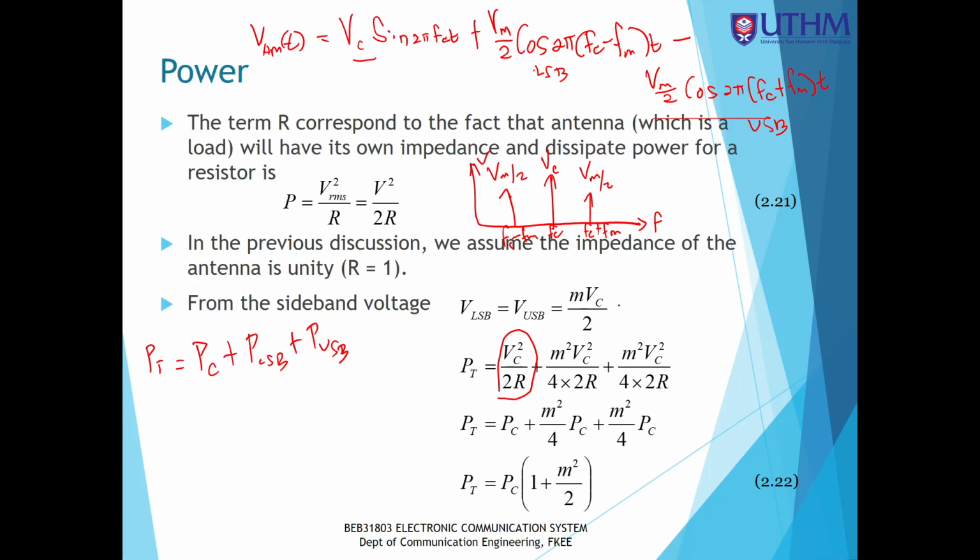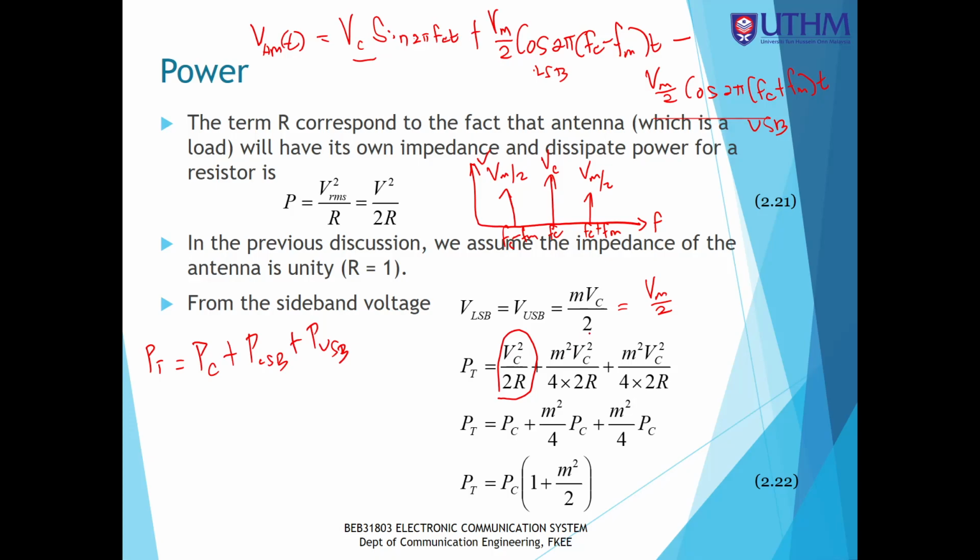This m Vc over 2 is equal to Vm over 2, so m Vc over 2 square divided by 2R gives m square Vc square divided by 4 times 2R.